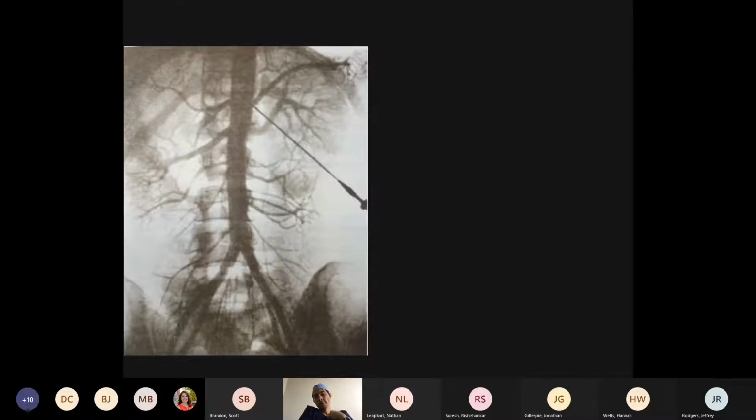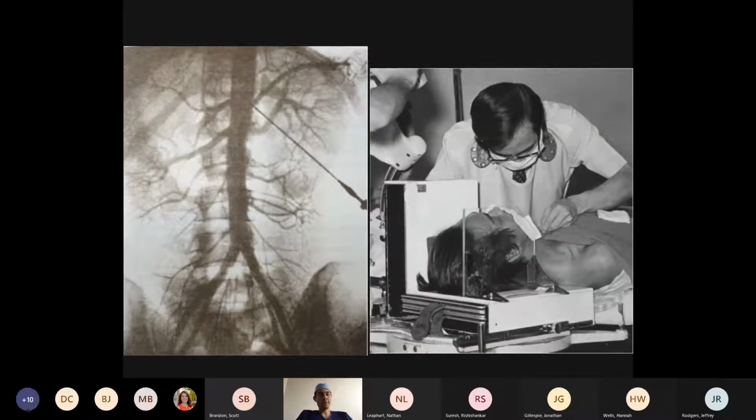And not only did the technology get better, but also the technique that we use to take pictures and to access the body and perform a diagnostic or therapeutic procedure. The picture on your left is a direct aortogram.